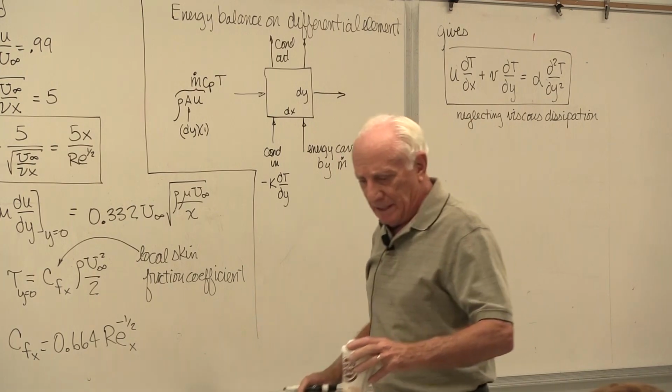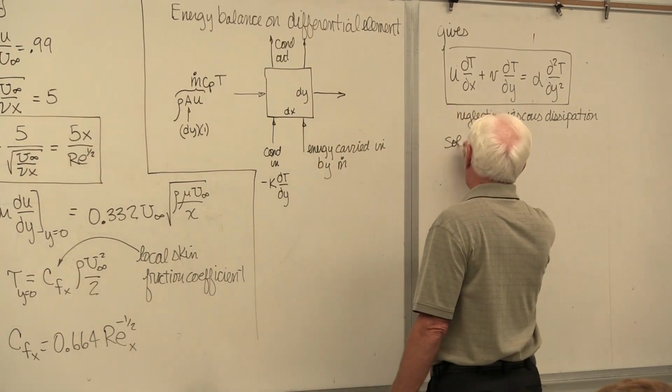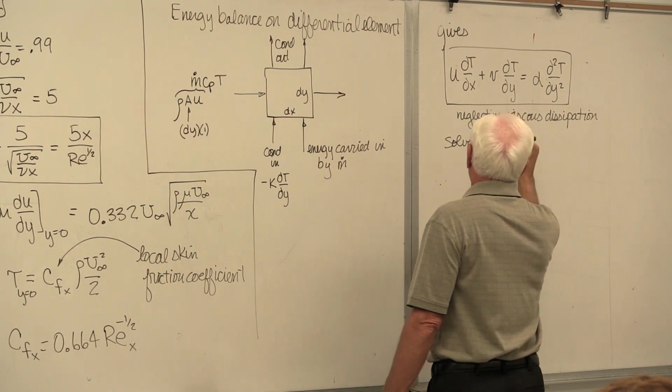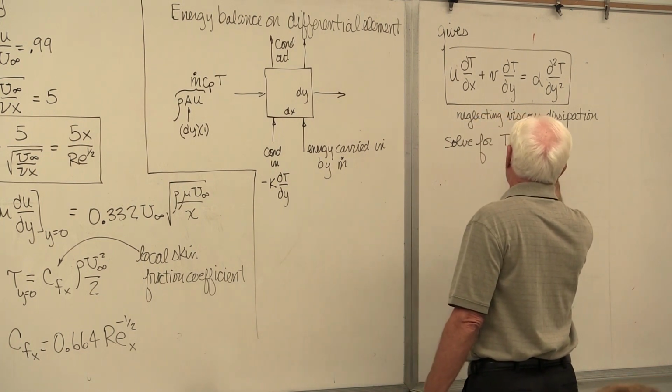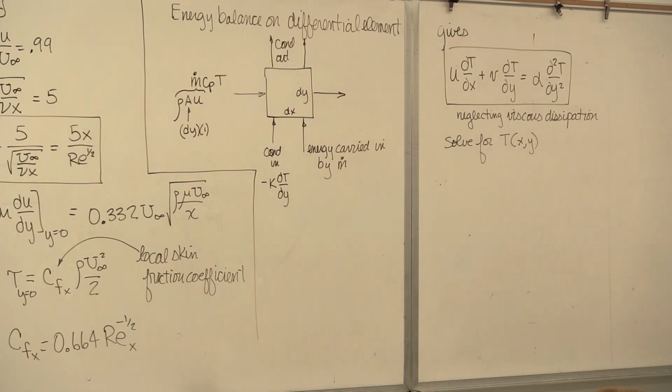Okay, what's the object now again? The object is to solve for temperature in the boundary layer as a function of x and y. Where are these three equations valid? In the boundary layer, either velocity or temperature.